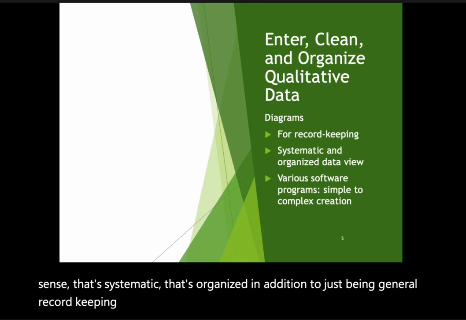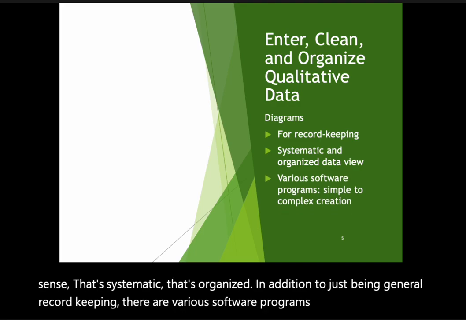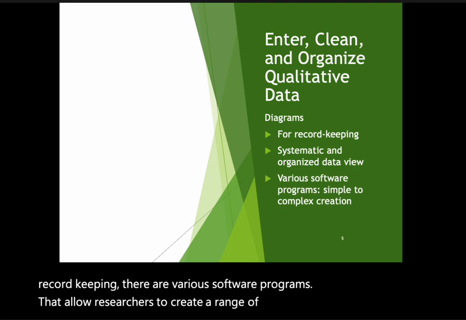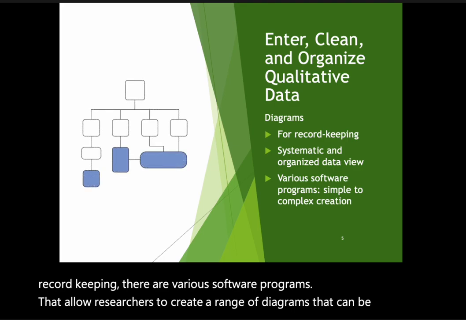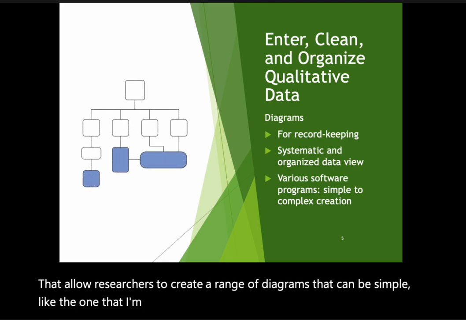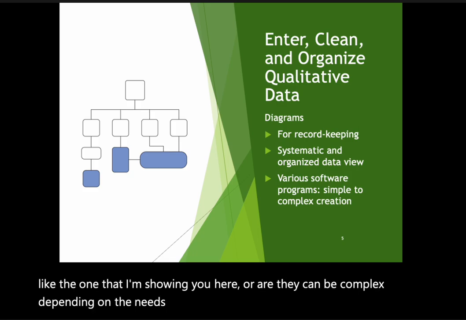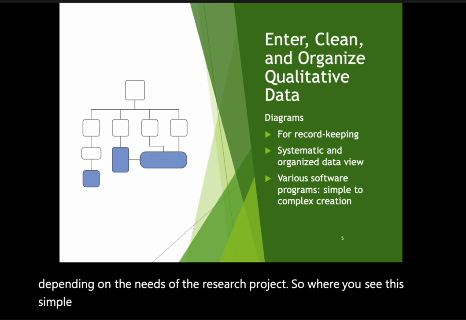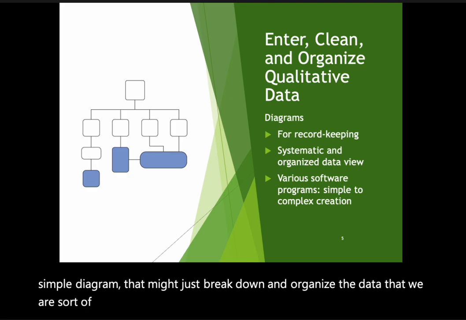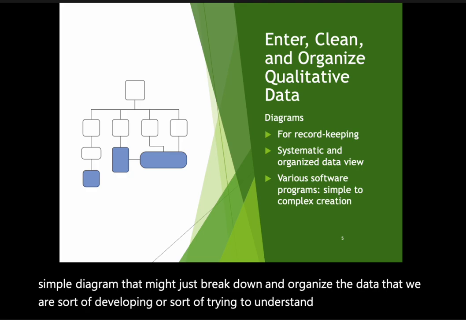There are various software programs that allow researchers to create a range of diagrams that can be simple, like the one that I'm showing you here, or they can be complex, depending on the needs of the research project. So where you see this simple diagram that might just break down and organize the data that we are sort of developing or trying to understand, this is a simple example of a diagram.